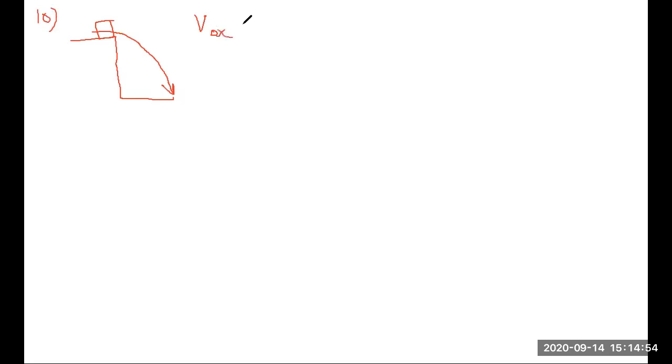V naught x of the glass is 0.8 meters per second. So we're told that. We're not directly told it, but we can infer that it slides across the horizontal table. The initial velocity in the y direction is actually 0. So that's important.